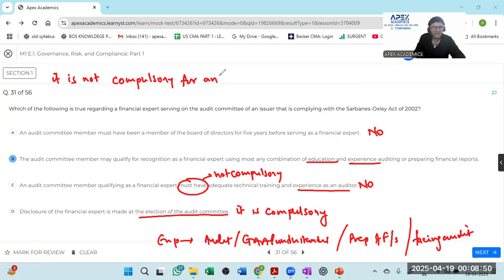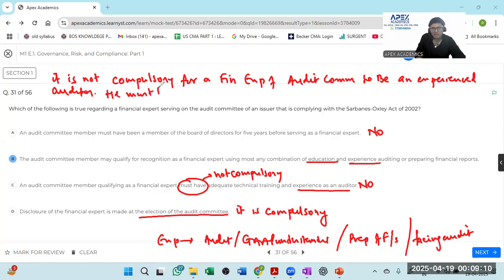Please remember, it is not compulsory for a financial expert of the audit committee to be an experienced auditor.